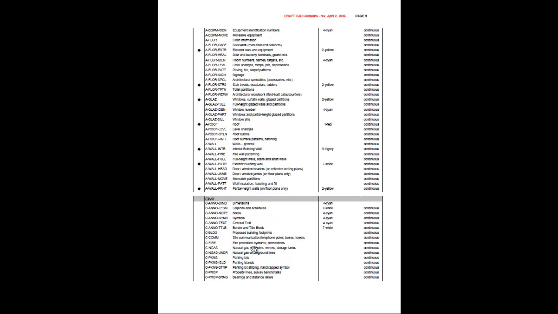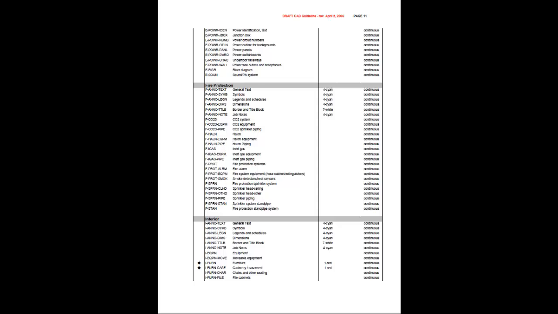Now we get down into the civil leveling, we can see that there's a level for parking, property lines, property bearings and distance labels. General text again follows the same thing, but it's got a C annotation in front of it, meaning it's part of the civil drawings. Fire protection, you can see that we also have layers for fire protection.